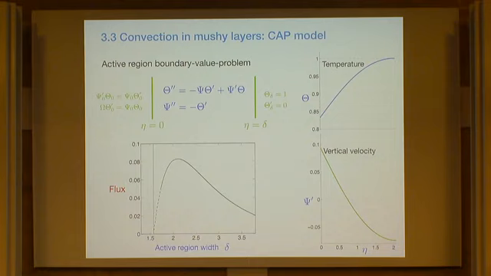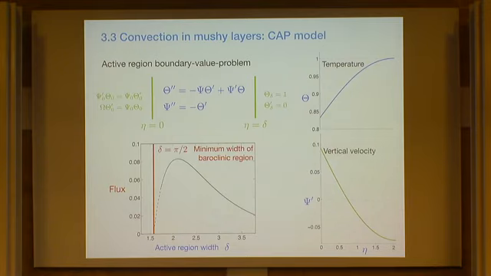Fine. So if we were interested in the flux, two things to notice about the flux and how it depends on what I've called the active region width, which is related to the spacing between the brine channels. Firstly, there's a minimum width that you need in order to sustain convective flow, which turns out to be pi upon 2 in scaled units.